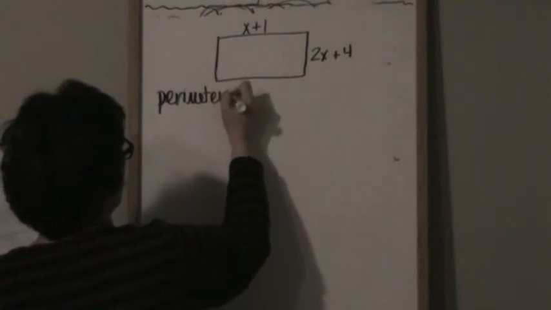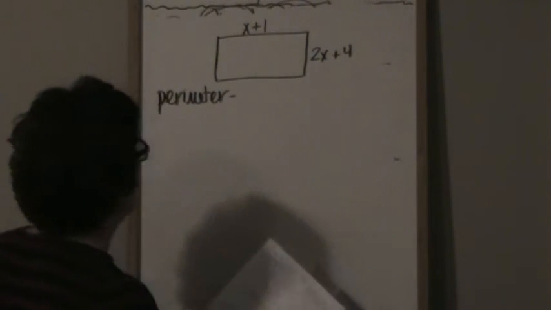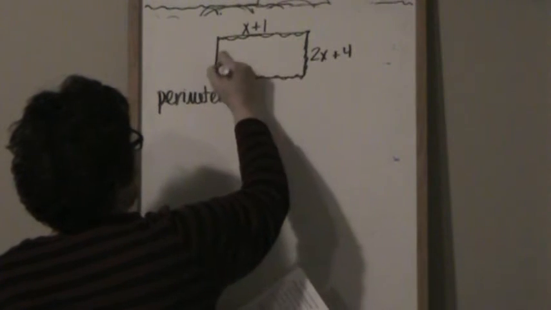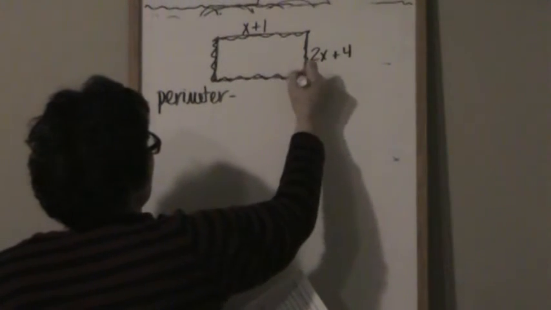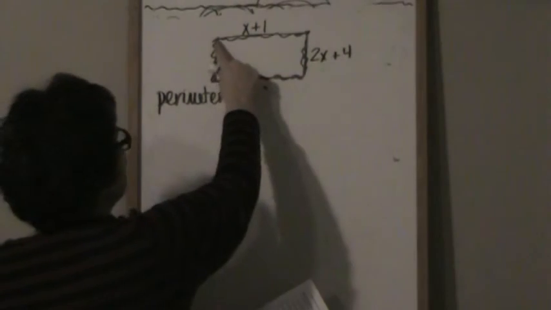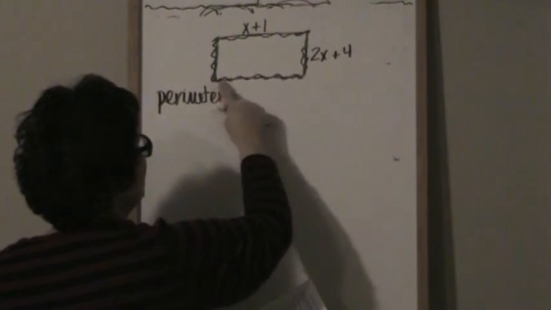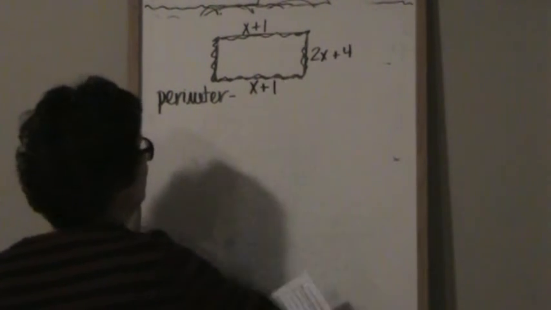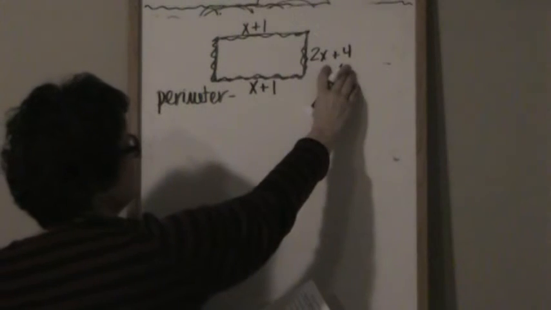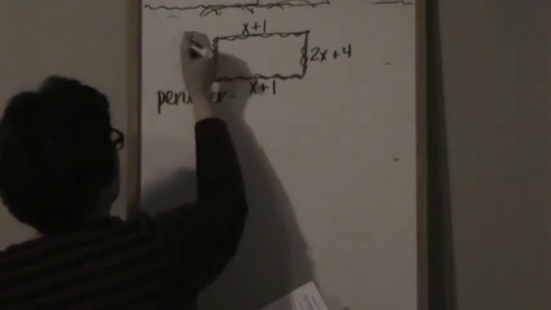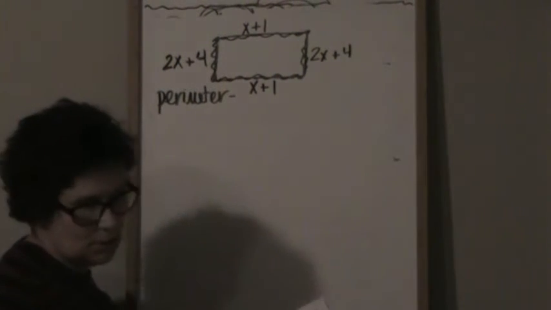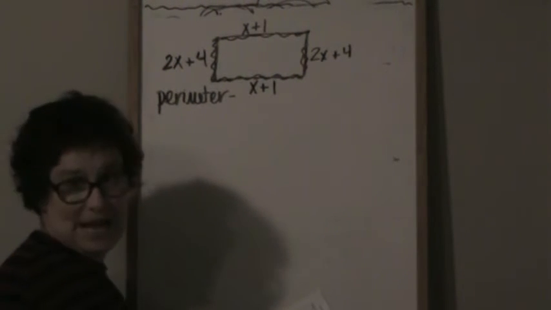Hopefully you remember the perimeter is the length around the outside, like a fence. So let's look at what I know. If this side is x plus 1, then this side is also going to be x plus 1. If this side is 2x plus 4, then this side is going to be the same, which is 2x plus 4. Now we're just going to do a lot of adding.